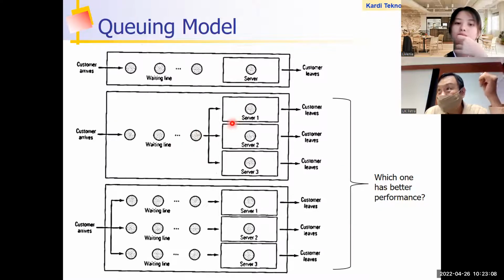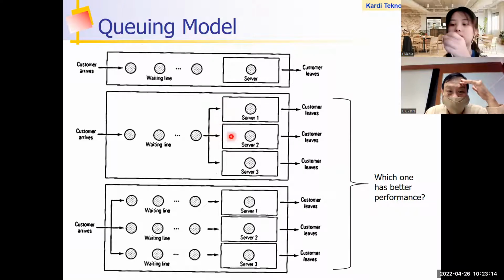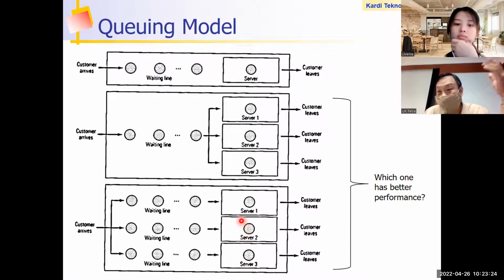That takes time, right? If the distance is negligible, then in terms of time, the delay, this is better than this one. I'm just talking in general. The detail you need to calculate.